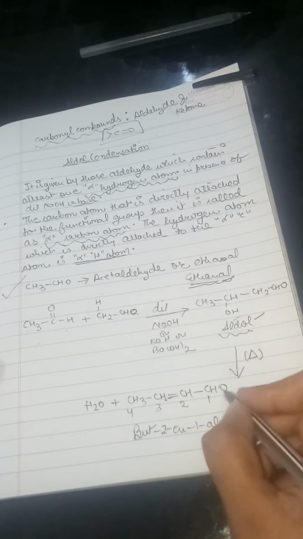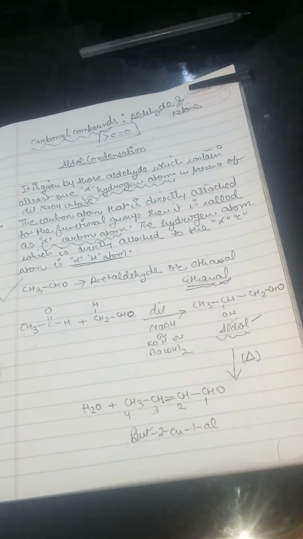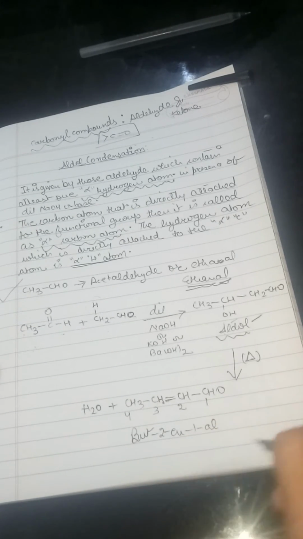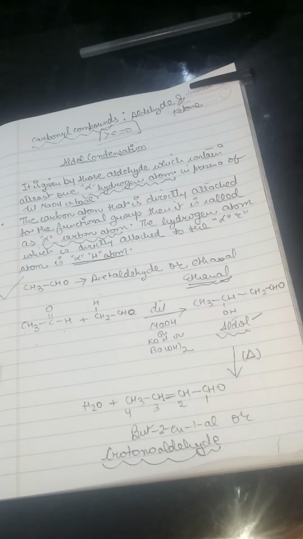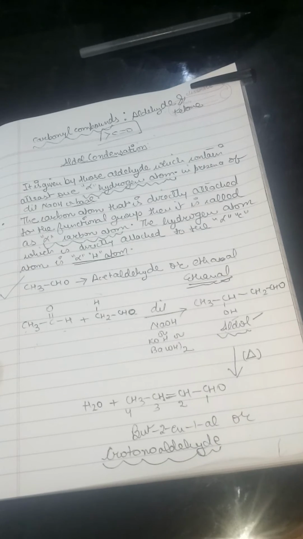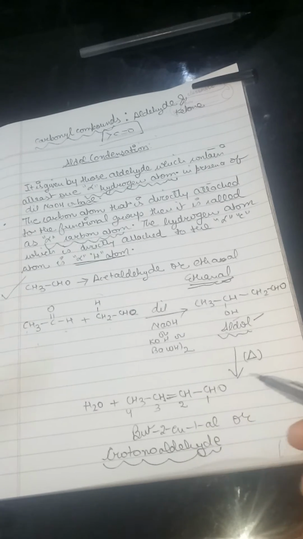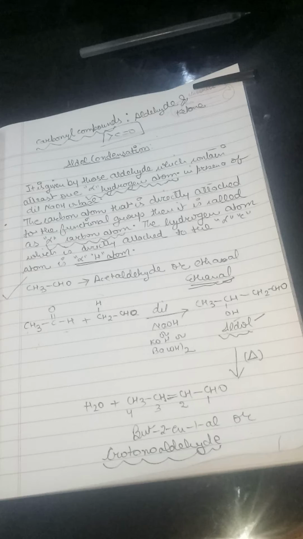Al stands for the suffix of the aldehyde. So it is but-2-en-1-al. Generally it is also known as crotonaldehyde. The other name of but-2-en-1-al is crotonaldehyde, or you can call it an unsaturated aldehyde.